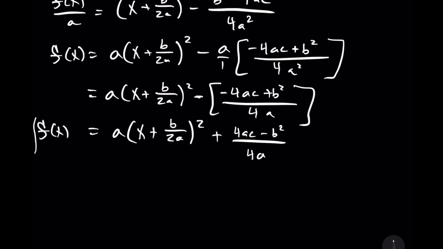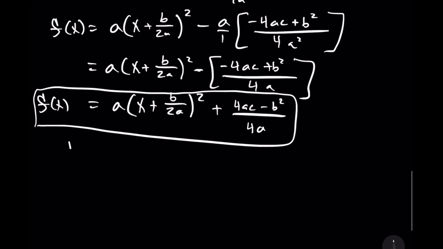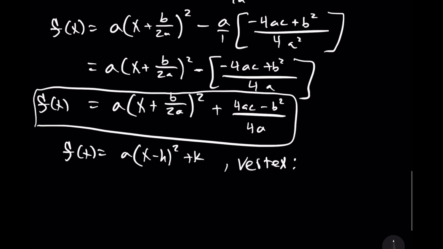Great. So this now is of the form f of x equals a times x minus h, quantity squared, plus k, where the vertex is located at h comma k. And now we can just read off the answer. So h corresponds to this.